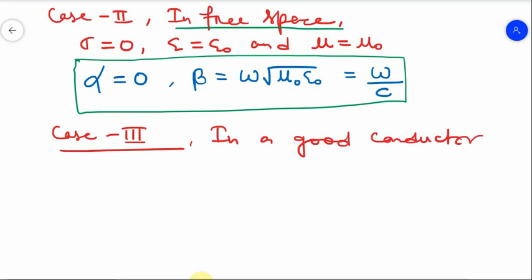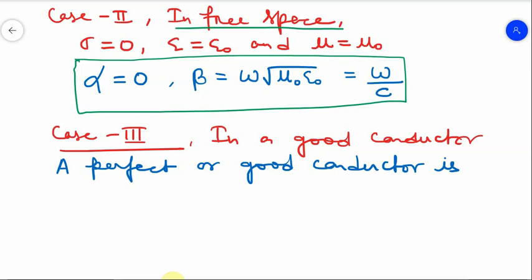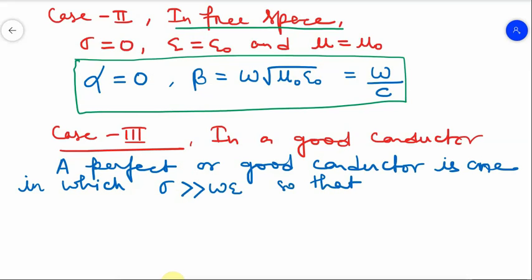A perfect or good conductor is one in which sigma is very much greater than omega epsilon, so that sigma upon omega epsilon is very much larger than 1.